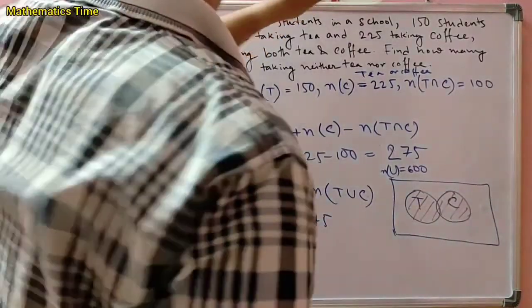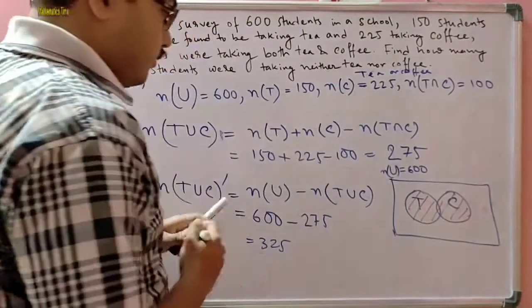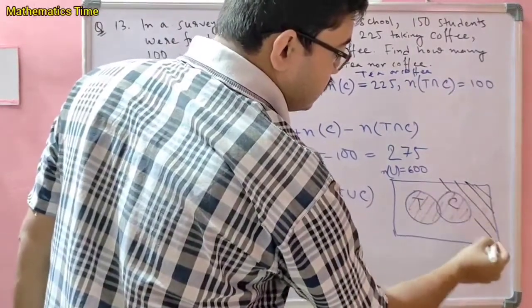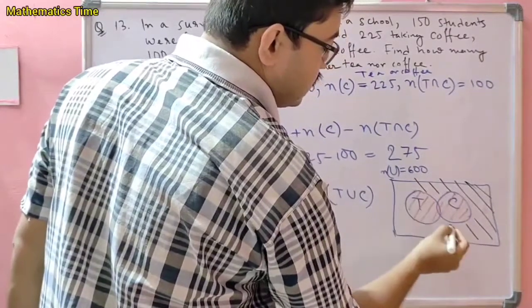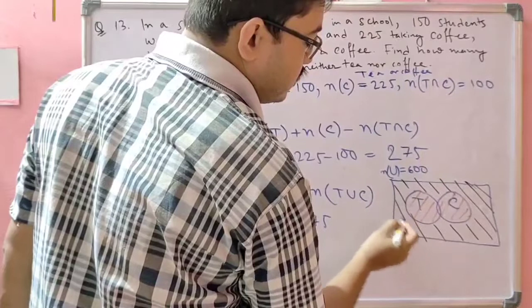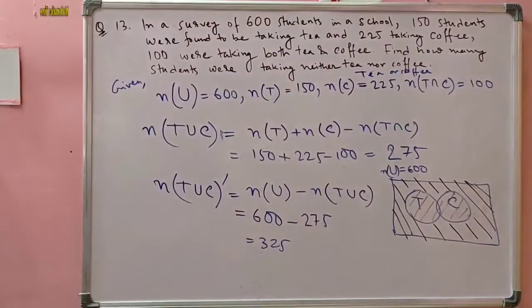If we denote the complement, the complement set is this, outside of the circles. This is the set of students who take neither tea nor coffee. This is how we solve this problem.